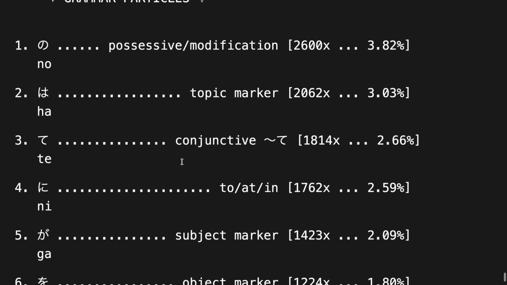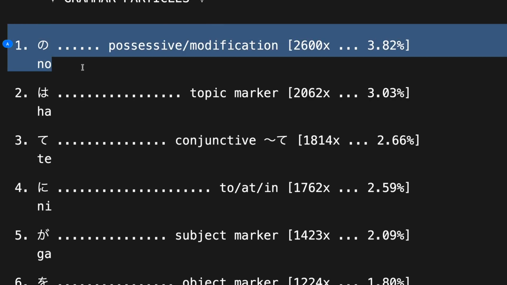Let's keep going now. Okay, yeah, the grammar particles. These are crazy. The numbers are too huge. Just learning one grammar particle will get you almost to understanding 4% of everything they say. I couldn't believe that. I thought, wait, what? How could this be repeated so much that it makes up 4%? I guess so many sentences have this in them.